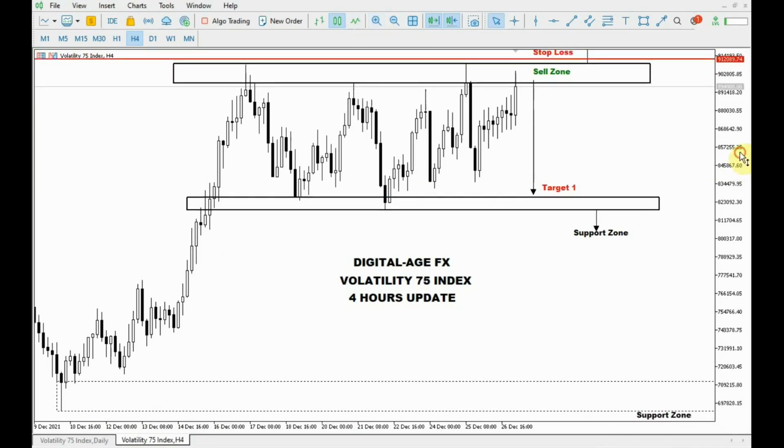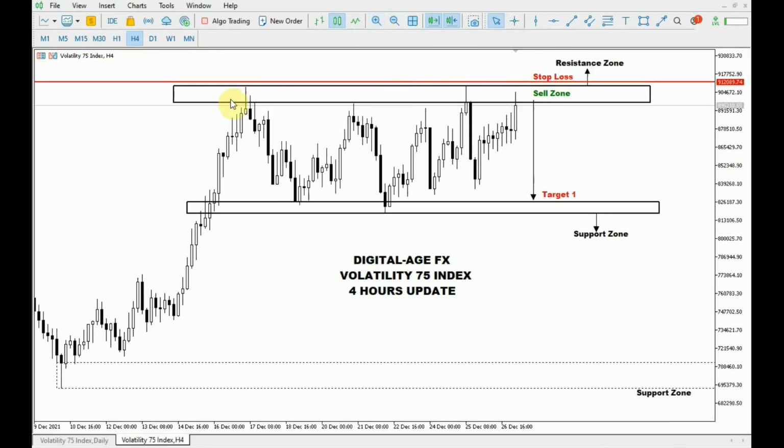So as you can see, when the market reaches this high, it's failing to continue all the way up because of these zones. This is actually a strong zone because as we had our first drop here, we had our second, we had our third, we had our fourth, now we're having our fifth.